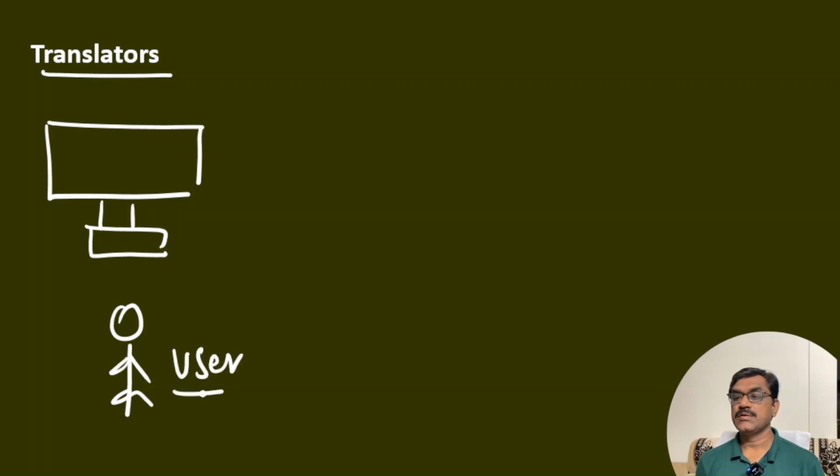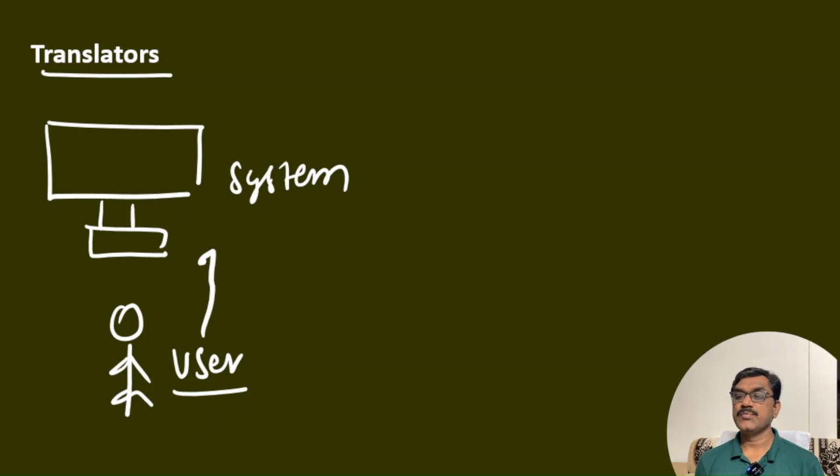Next, we will discuss translators. What do you mean by a translator? Before moving on to various types of translators, let us have some discussion. Assume that this is the system and he is the user. Here we are talking about the communication between the user and the system.